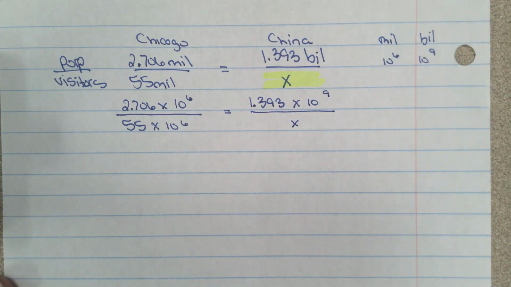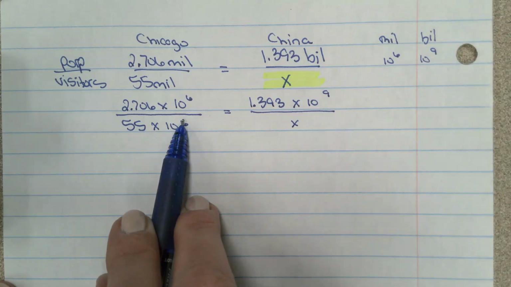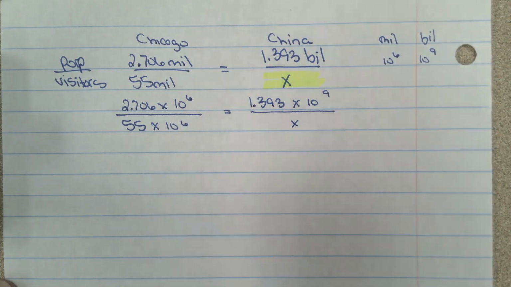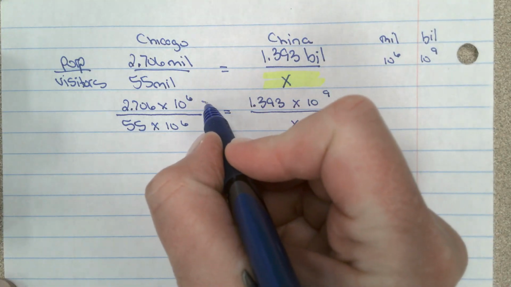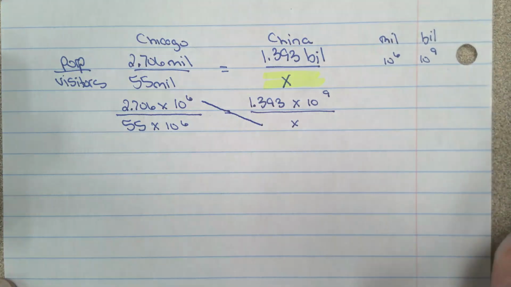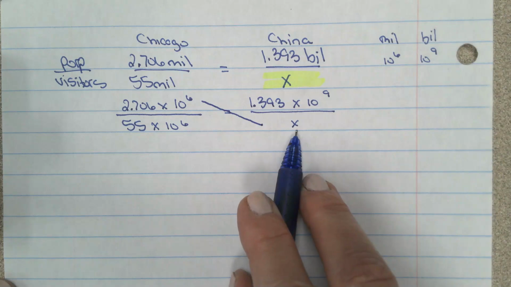All right, so in math, there are so many different ways that you could do this problem. You could divide over here and simplify this if you wanted to, or you could cross multiply, which is actually what I'm going to do. So I have this number times x.